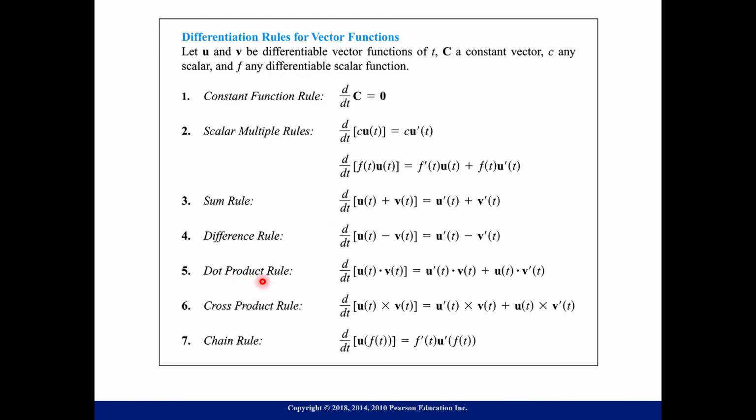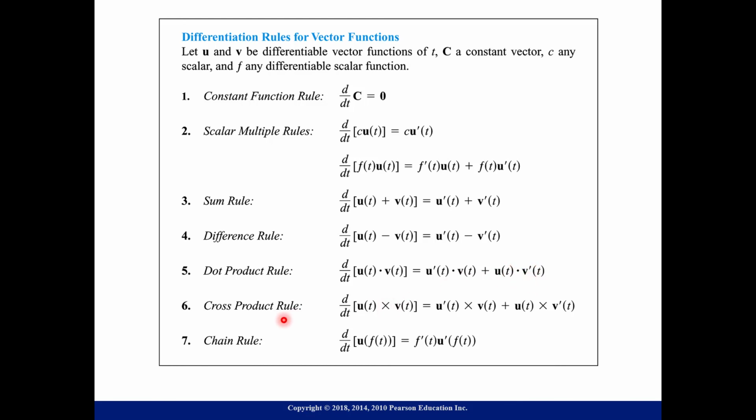You have a dot product rule now, and notice that it breaks down very similar to the product rule. When you take the dot product of two vectors, it's the derivative of the first vector function dotted with the second vector function, plus the first vector function dotted with the derivative of the second vector function.